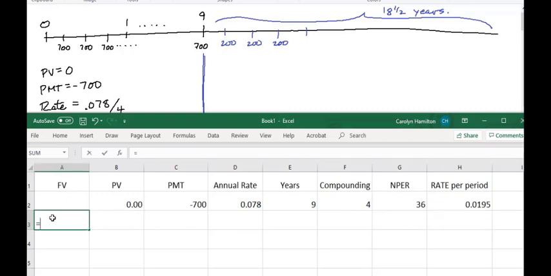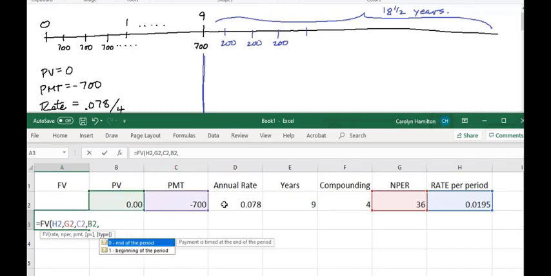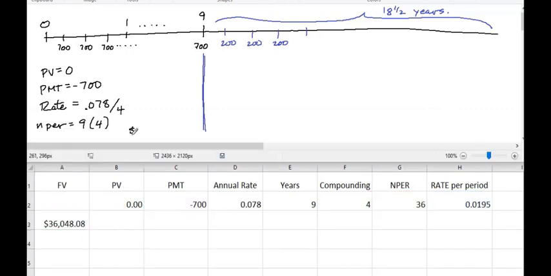Then my future value. It comes to $36,048.08, and that money is sitting right here at the end of those 9 years.